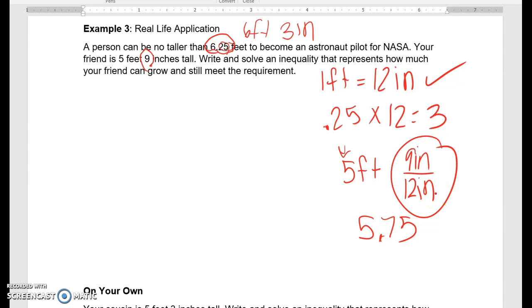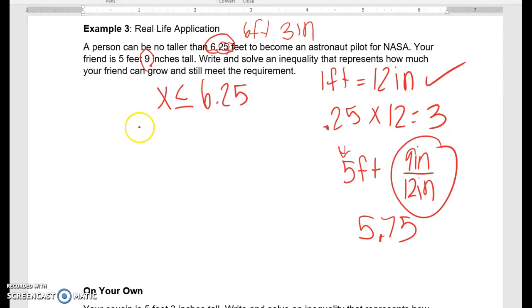So they tell you that you can be no taller. So you could be 6 feet and 3 inches, but you can't be any taller than that. So I know that my x has to be less than or equal to 6.25. And we're going to use decimals within this particular equation just because it makes it easier to work with.